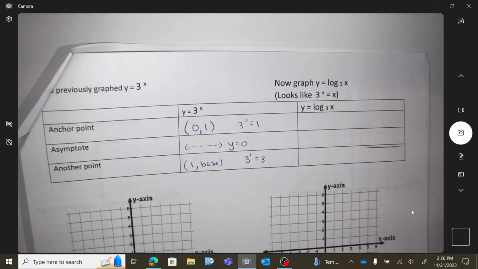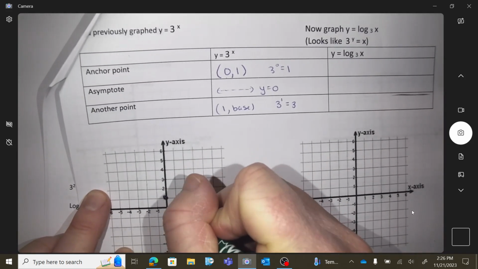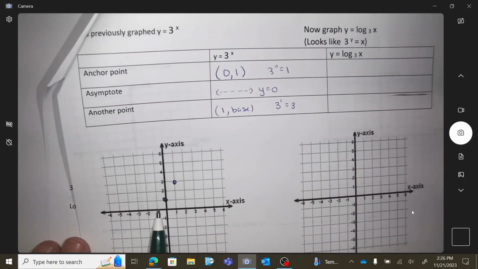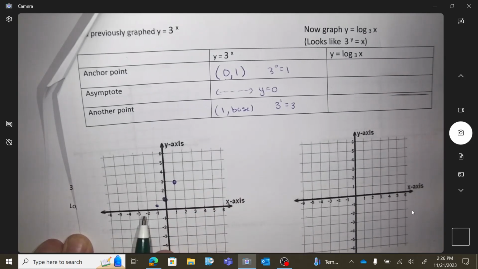So we're going to quickly graph that. What did that look like? So 0, 1, 1, 3. Does anybody know what kind of coordinate I could put on the other side at -1? What's the height? 1/3. We remembered it. What's the next height? 1/9.